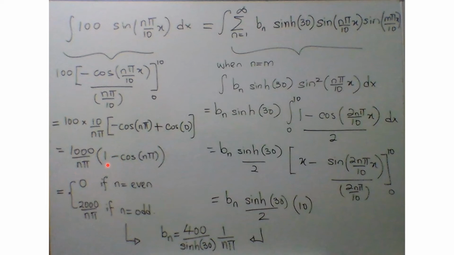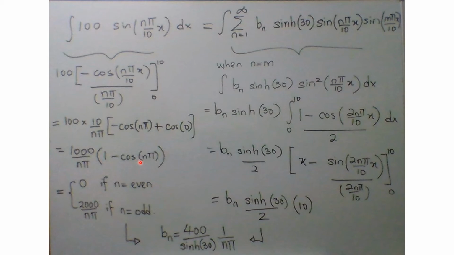So here you see there is a 1 minus cos n pi, and now depending on n, your left hand side is going to change, right? So here you see if my n is an even number, let's say for example n equals 0, this cos 0 is going to give you 1, so 1 minus 1 is going to be 0, so it means my Bn is going to be equal to 0 if n is even.